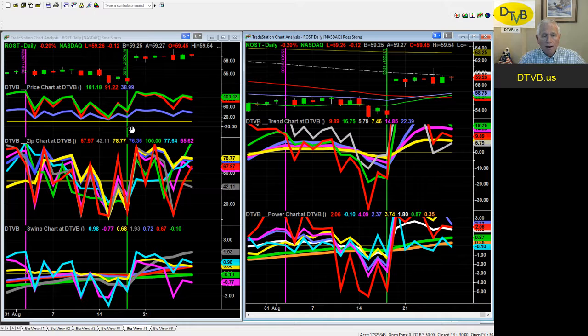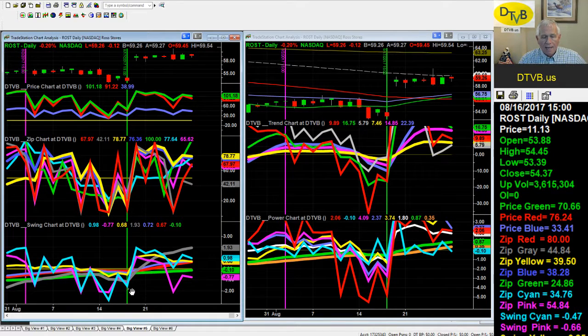And when you have one doing a crossover, that is important. You also have the same thing. Swing Zion is highest on the day before the vertical green line and lowest on the day of the vertical green line. And that's a crossover of pink.